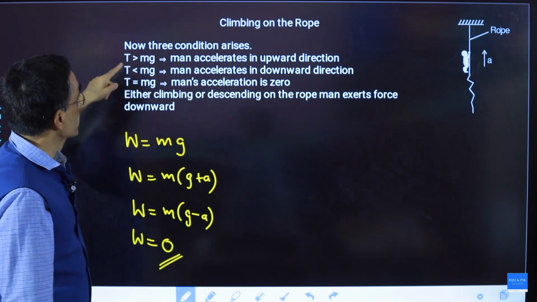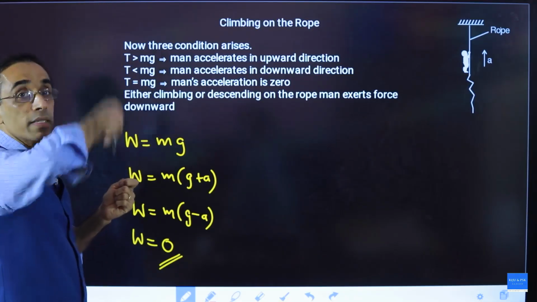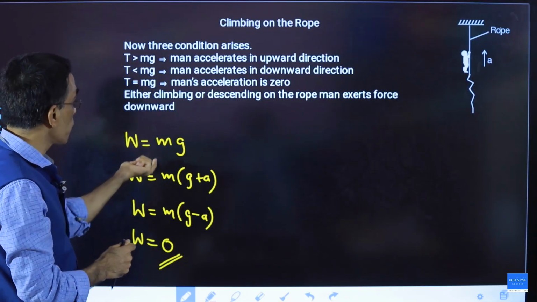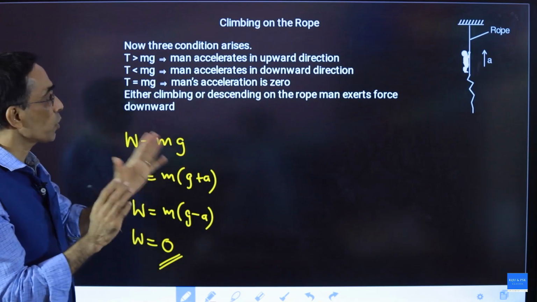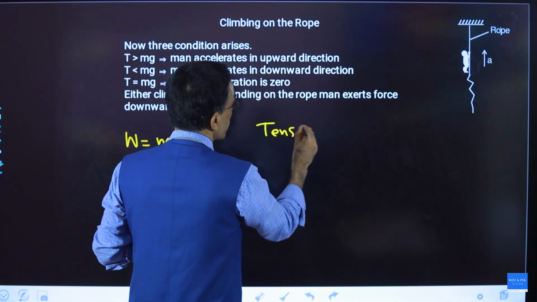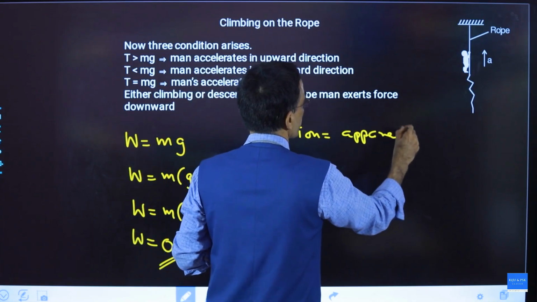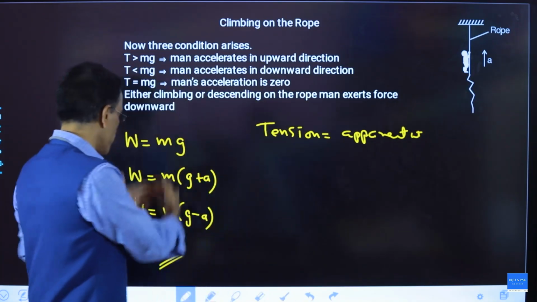So, 3 conditions. When you apply a force, that will act like the tension in the rope, and the tension will be equal to the apparent weight. Tension equal to apparent weight, that is the point that you need to remember. And apparent weight will be given by all these equations.